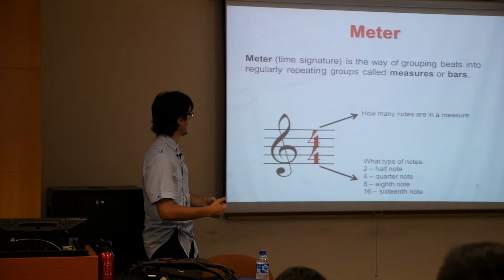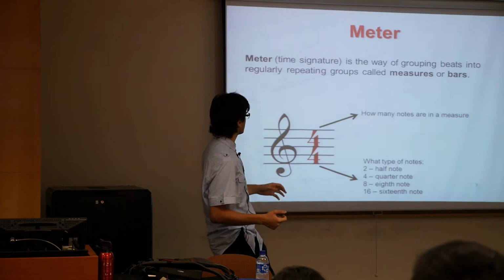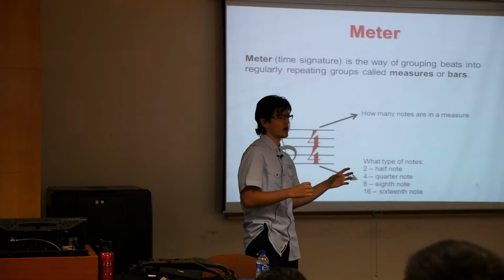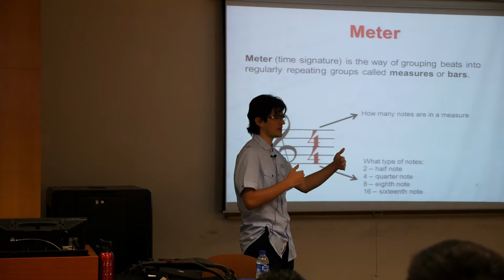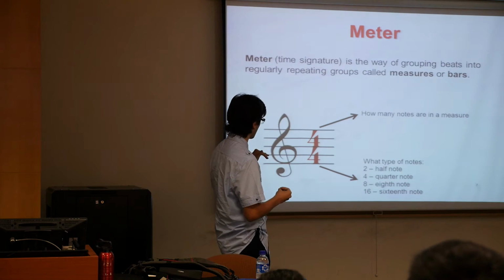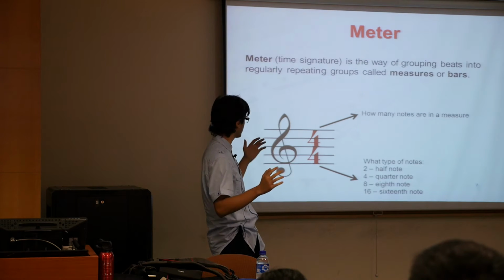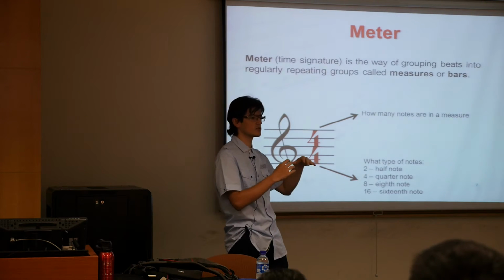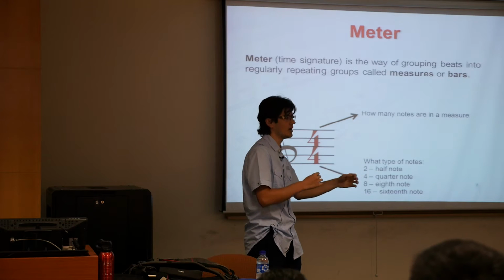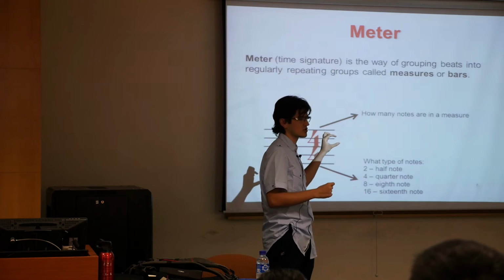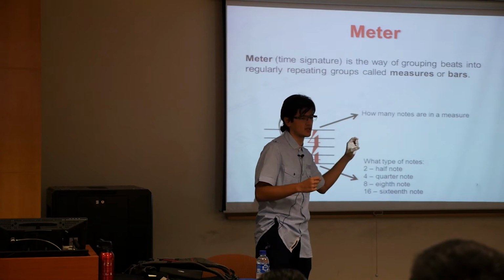What does that mean? Well, the first number is how many notes are in a measure on that score. And the second number is what type of notes. Now, we aren't interested in what type of notes are in the score, but it matters how many notes. It usually means how many beats are in a measure.